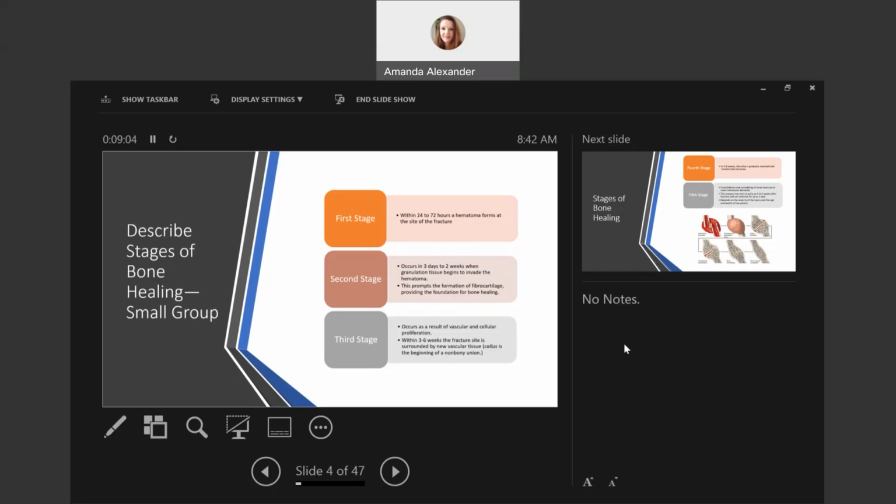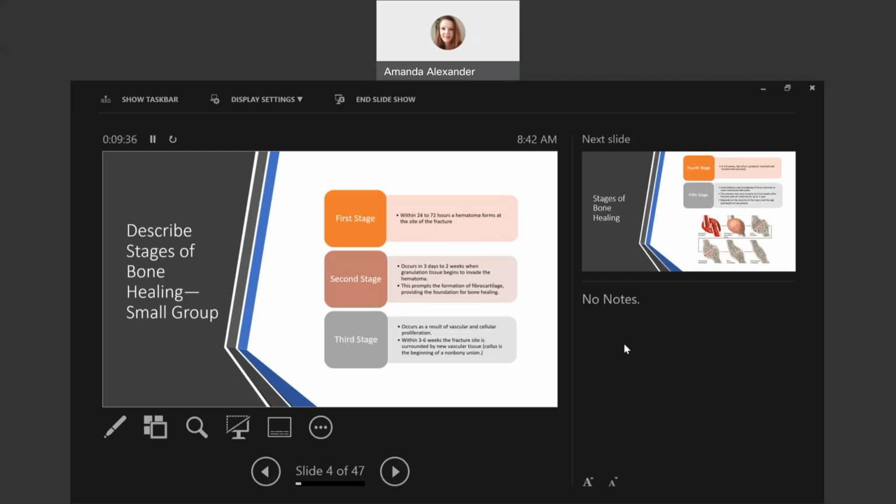So think about the disruption of bone or tissue and what happens. We start to bleed. Well, the bleeding creates the hematoma. This is the body's way of starting to heal, right? So when we think about that, the first 24 to 72 hours, the bone is trying to clot off the damage and start the healing process. The second stage occurs 3 days in, up to 2 weeks, and it's called the granulation process.